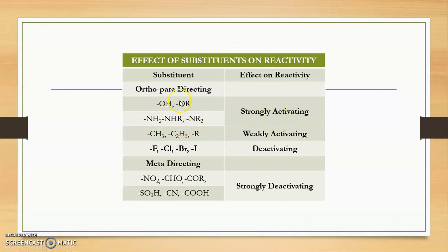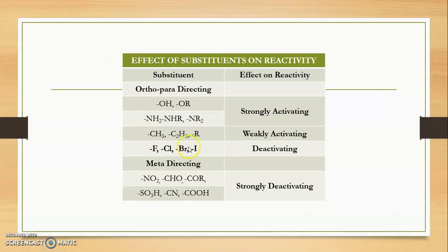Means when these groups are present on the benzene ring, they increase the speed of the reaction very rapidly. So if these groups are present and we perform the electrophilic substitution reaction, these reactions take place at enormous speed as compared to benzene.